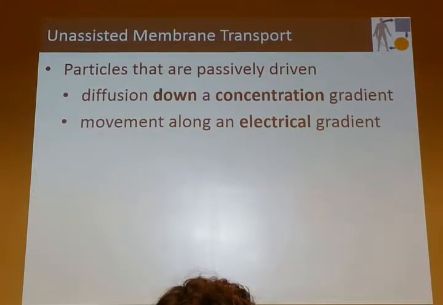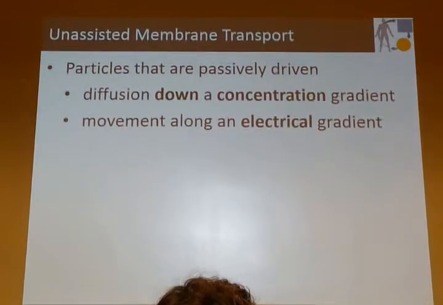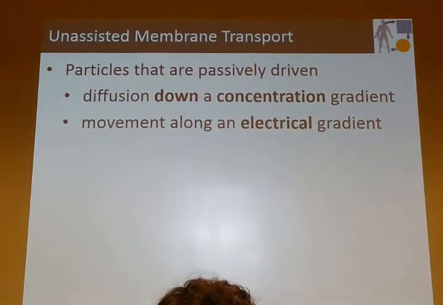You also have an electrical gradient, because proteins inside the cell have net negative charges. So there are more proteins inside the cell than outside. They have more negative charges than positive charges, even after you cancel them out with the ions that are free-floating in there. The inside of the cell tends to be negative.